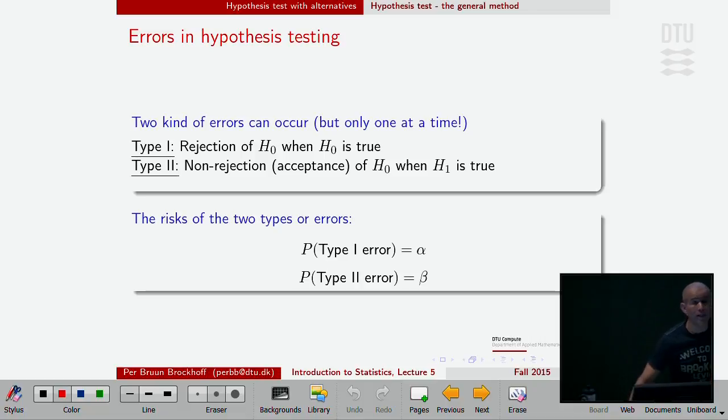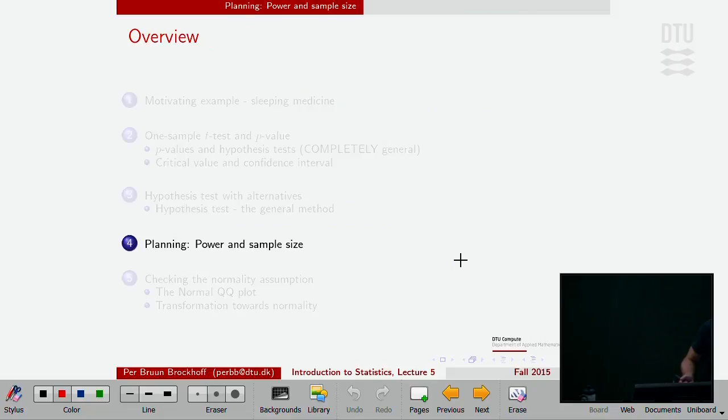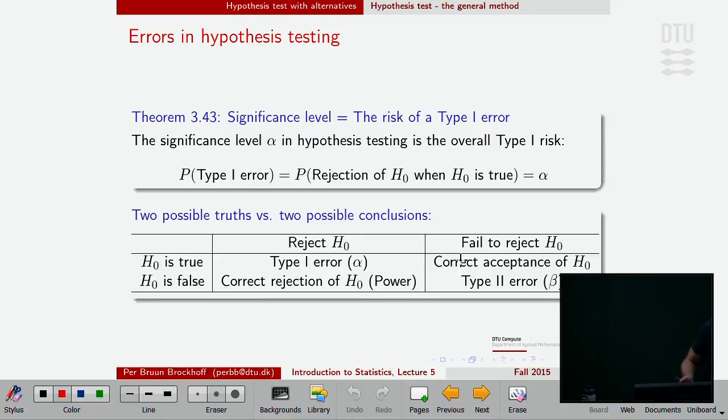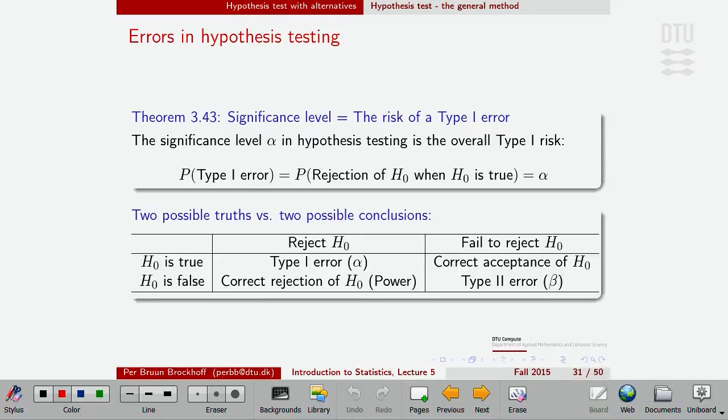Two ways to be wrong here, and two ways to be right. Did I bring the table? No, yeah, here it is. I like this table, maybe I should have brought it up. There are two possible truths and two possible decisions if we split it into a binary way to consider the world. Either the null is true or the null is false, right?